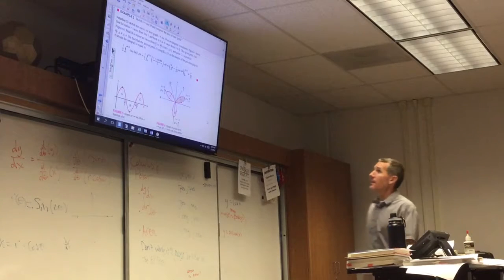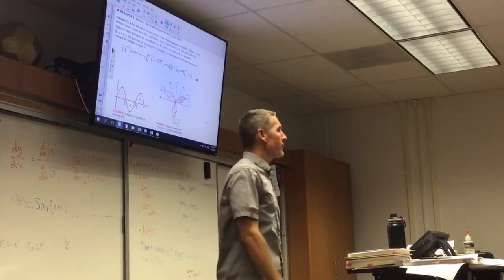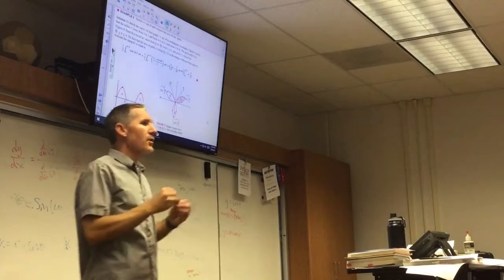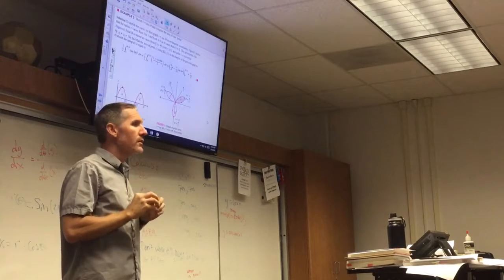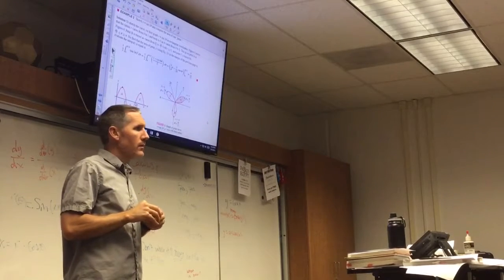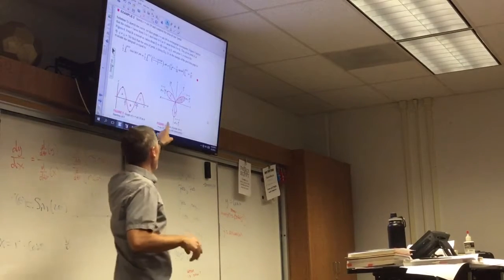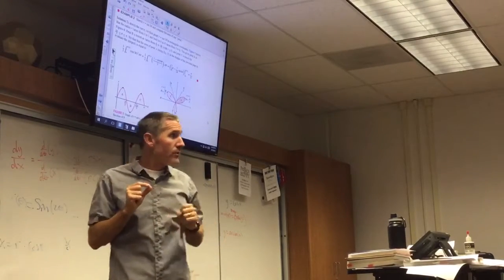Well, where does it appear the center of this little flower, this little rose, is located? Where's the center of this little guy? Right at the pole, or at r equals 0, right?